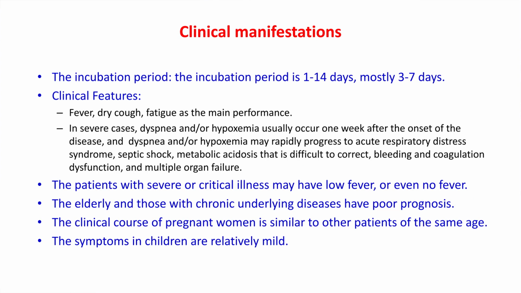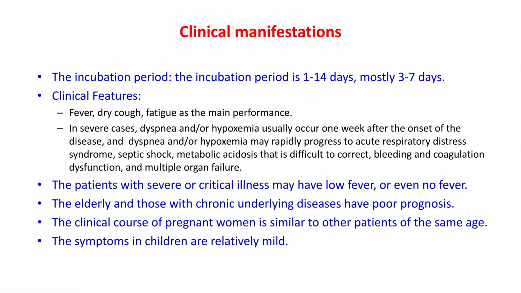For the clinical patients, the incubation period, as Professor Gao mentioned, is from 1 to 14 days, mostly 3 to 7 days. The clinical features, including fever, dry cough, fatigue, are the main problems. In severe cases, dyspnea or hypoxemia usually occur in 1 week after disease onset.